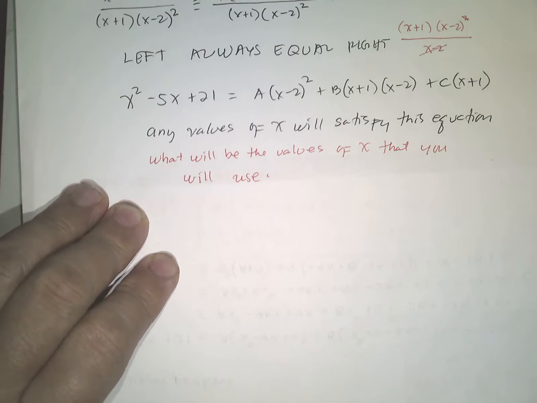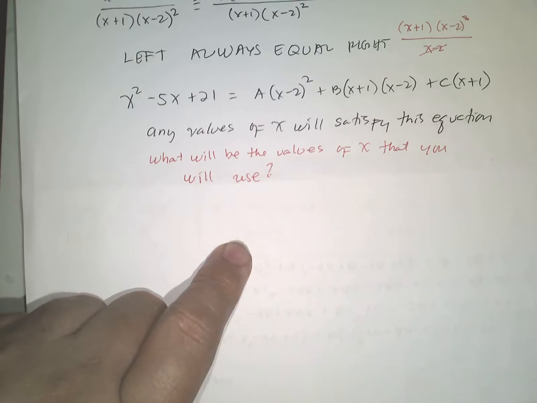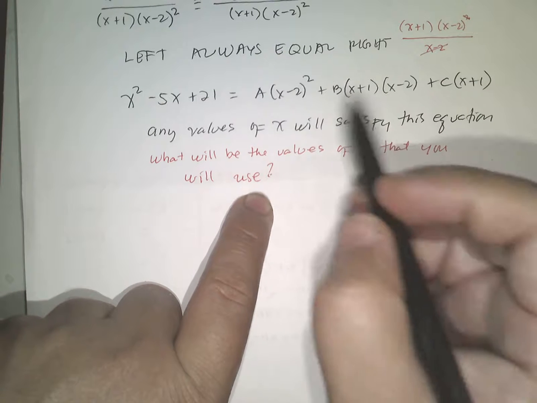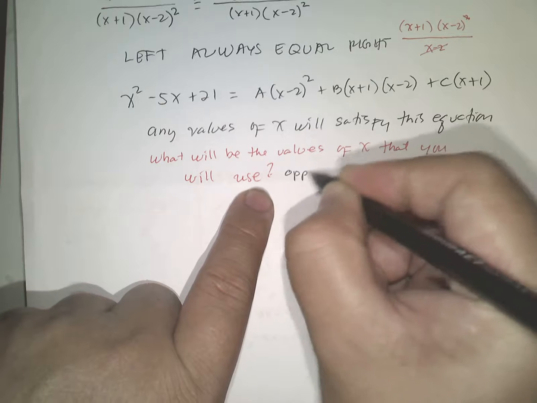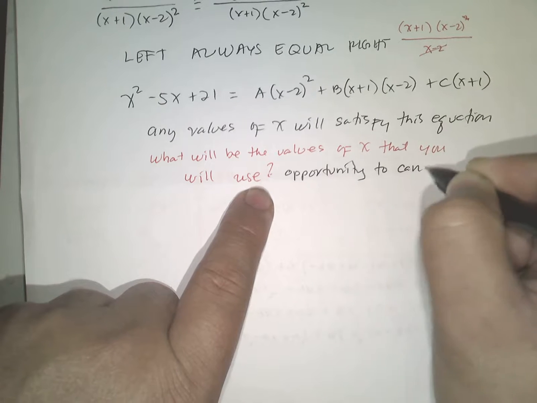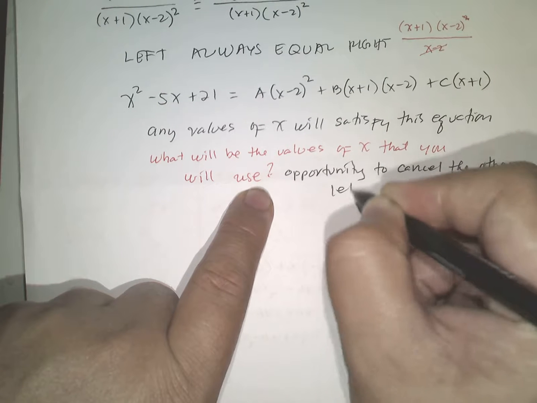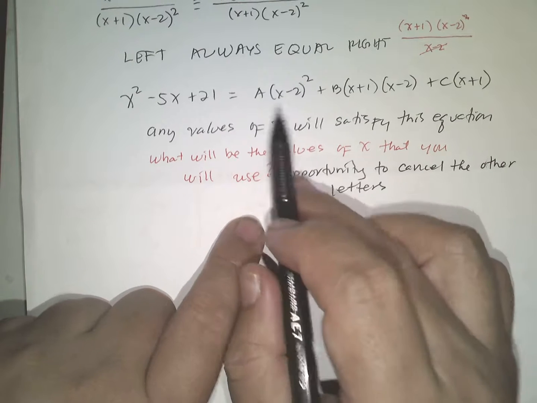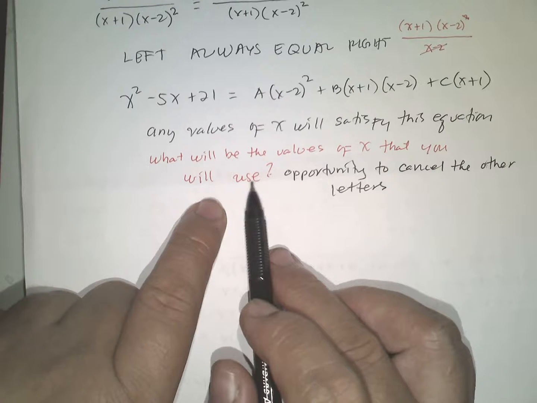The answer is that the x values you use should give you an opportunity to cancel the other letters, because we're looking for A, B, C, but it's so difficult to find them if you do not use this strategy.